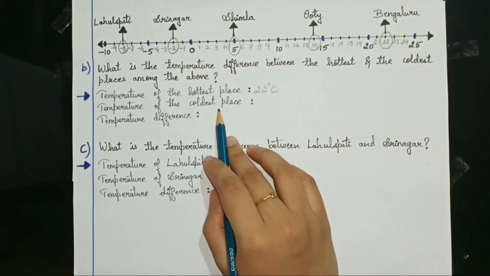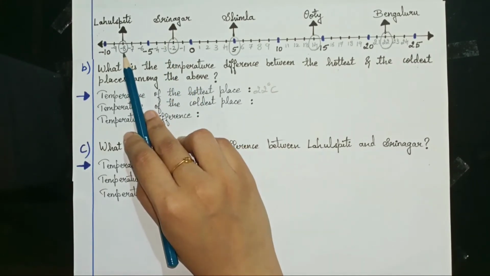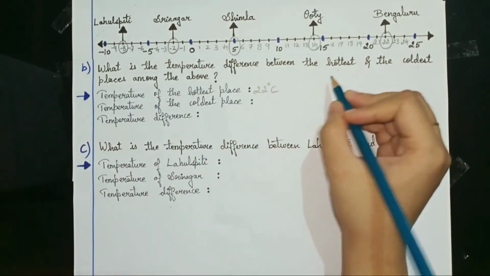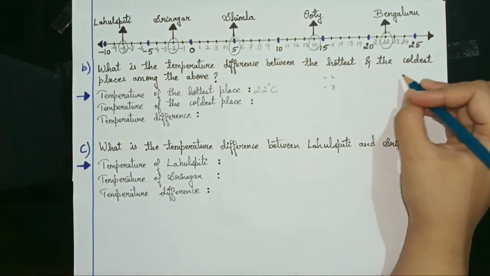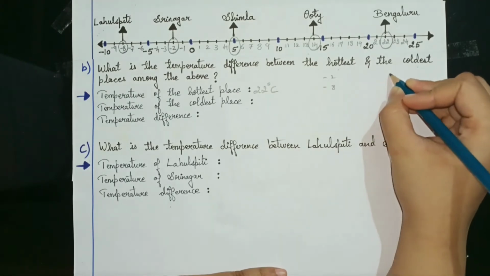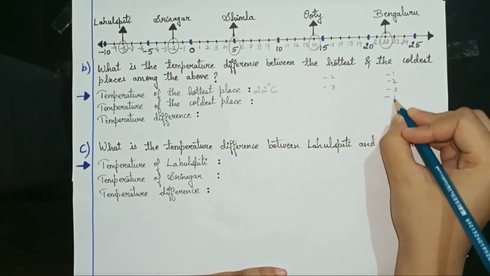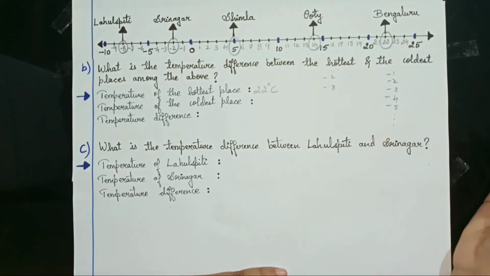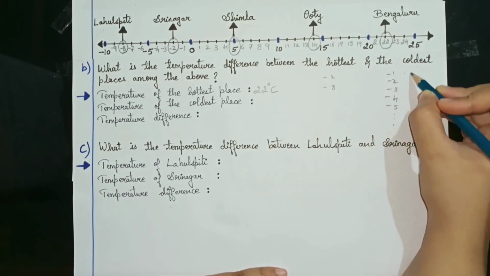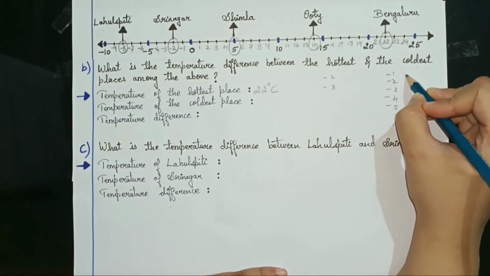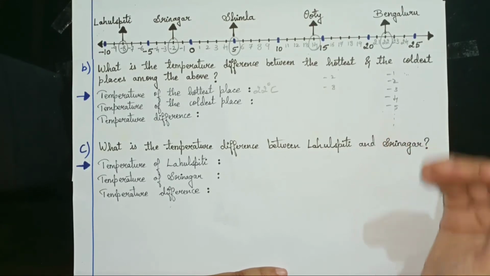Next, the temperature of the coldest place. Now, is it Srinagar or is it Lahul Spiti? Which one do you think is the coldest? Is it -2 or is it -8? See, remember for negative numbers, if I write -1, -2, -3, -4, -5 and so on, the smallest number with a negative sign will have the highest value and the number which is bigger with a negative sign will have a low value.